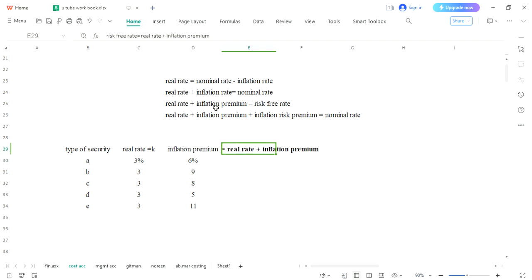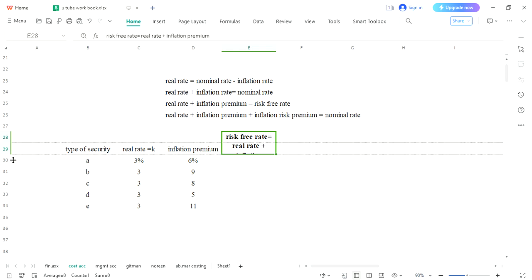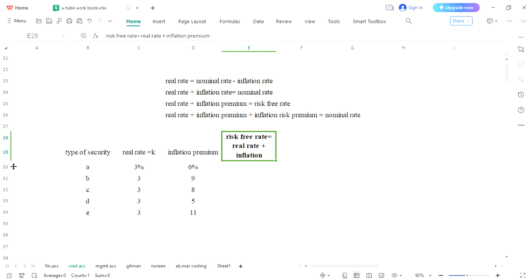So you will get your risk-free rate. Let's arrange it. And this button wrapping is not working accordingly, so it creates a little problem sometimes. Alright, so we have got our risk-free rate when you add your real rate and inflation.